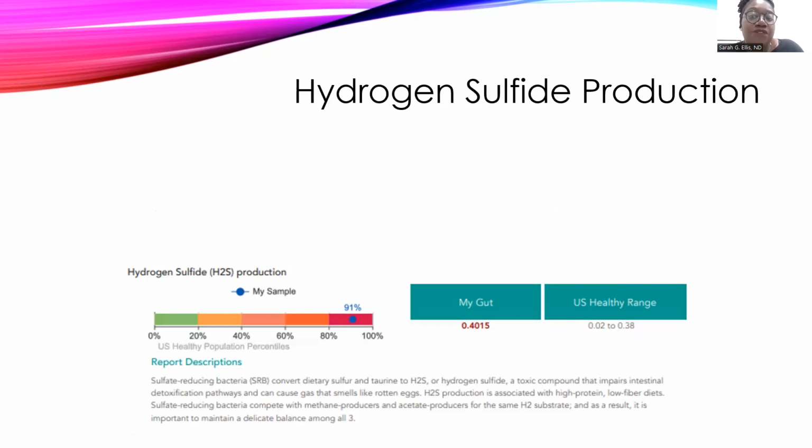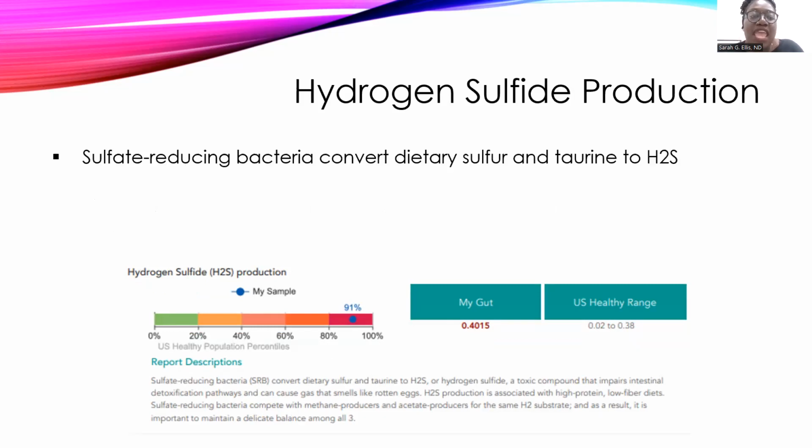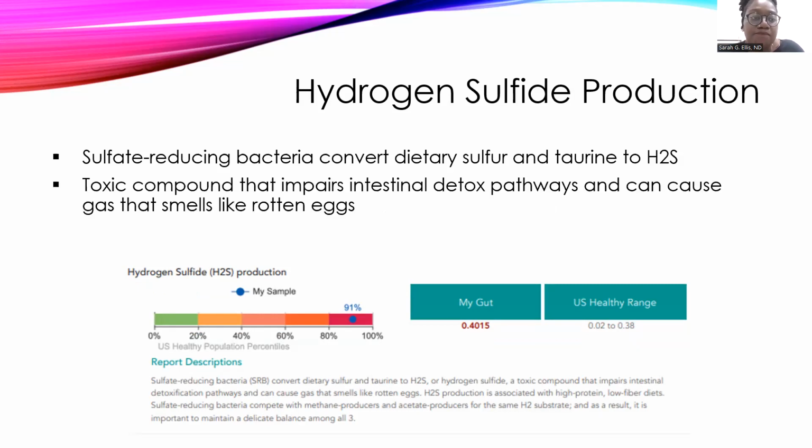Now, hydrogen sulfide production is another byproduct of protein fermentation. It occurs when sulfate-reducing bacteria convert dietary sulfur and taurine into hydrogen sulfide. It's a toxic compound that impairs intestinal detox pathways and can cause gas that smells like rotten eggs.